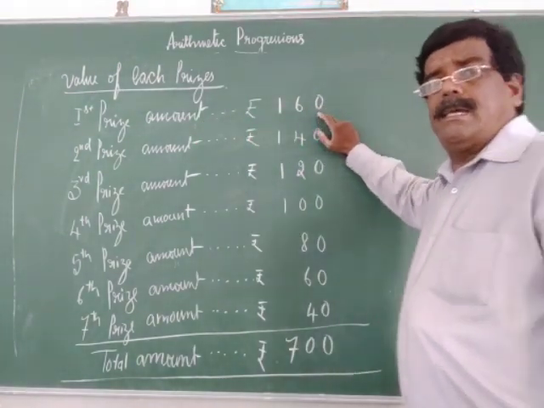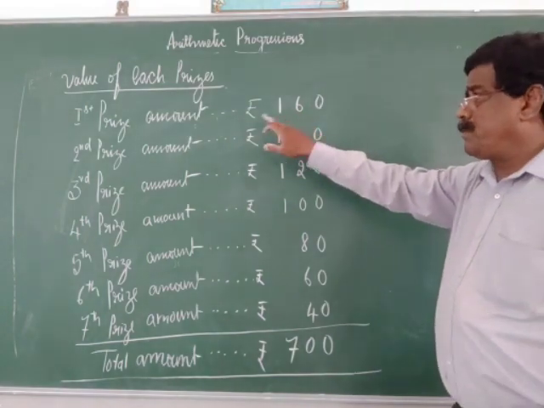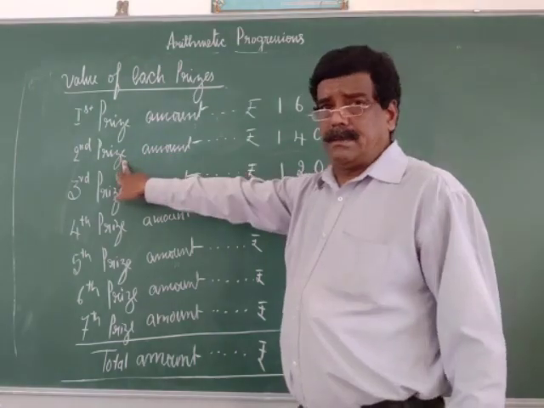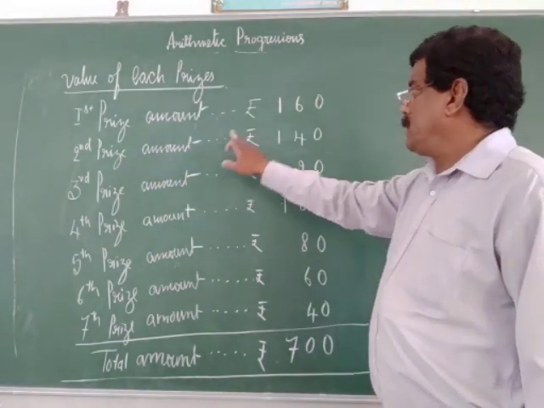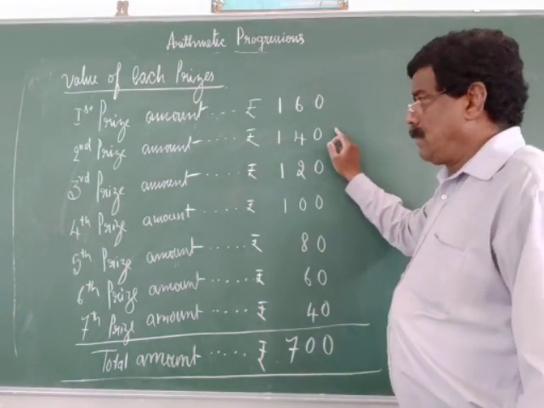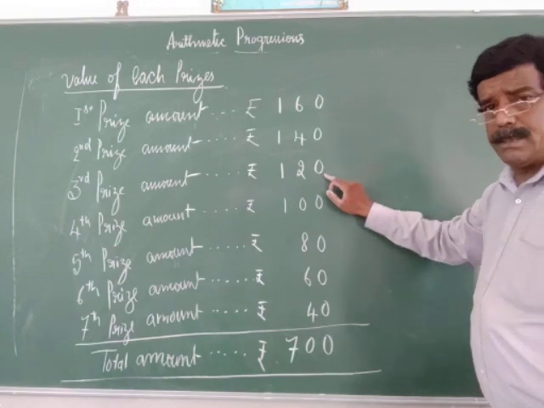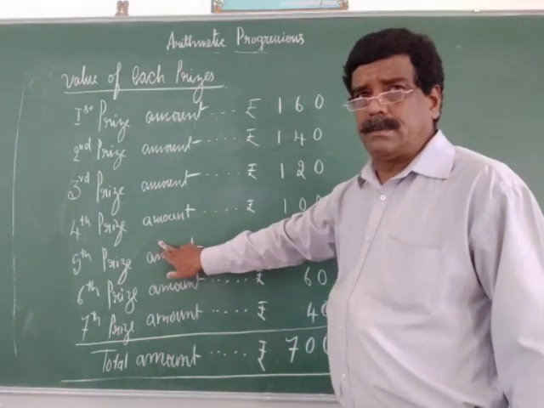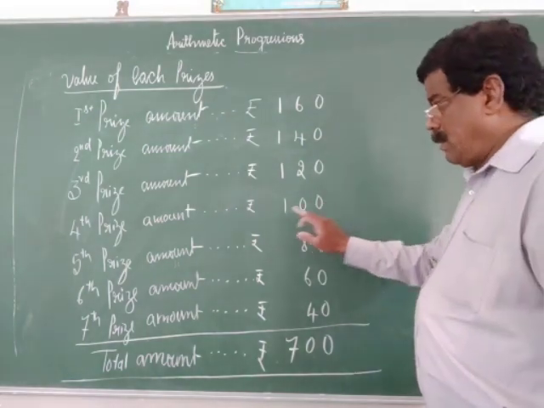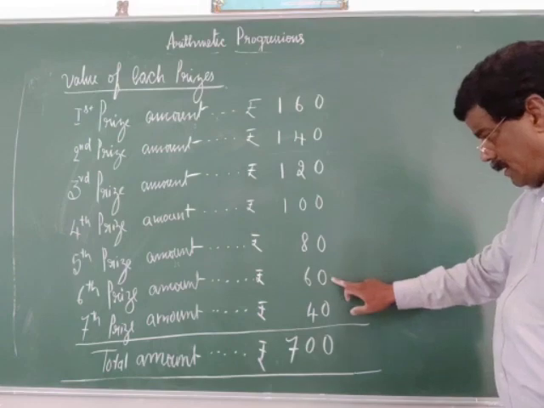We got A as 160 in the previous step. And the second prize should reduce by 20 rupees, means 160 minus 20 is 140. Third prize, again reduce 20 rupees from this, that is 120 rupees. Fourth prize, again reduce 20 rupees, so we will be getting 100 rupees. Fifth prize, 100 minus 20, 80, like that 60 and 40.